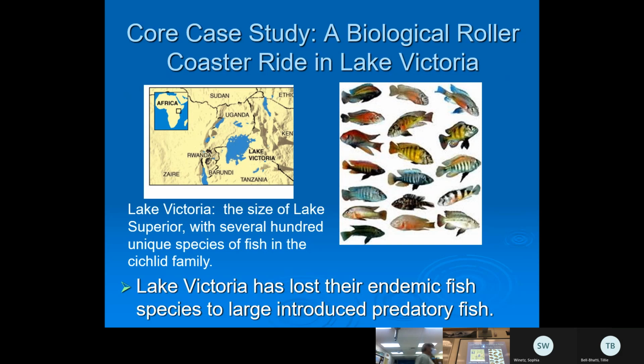Here is a case study. Remember I talked about having a toolkit or a bag of tricks. And this one case study of biodiversity is Lake Victoria, which is a huge lake in Africa, the size of Lake Superior. And it has so much space that this one family of fishes called cichlids has diversified into many species.